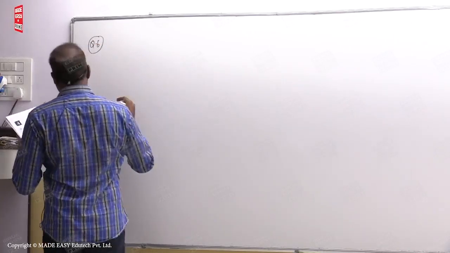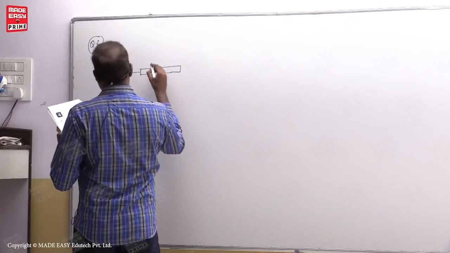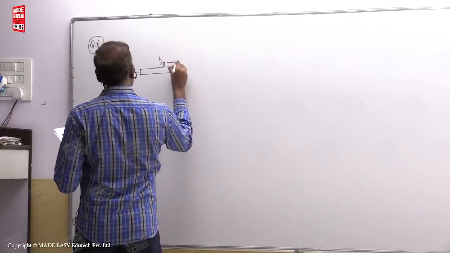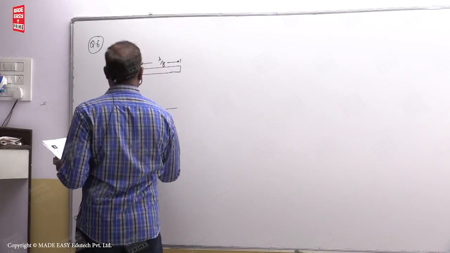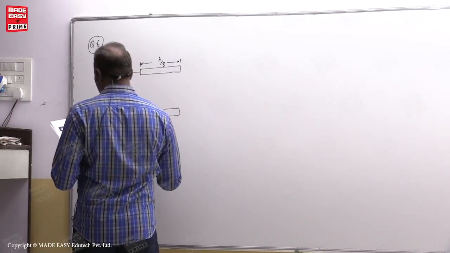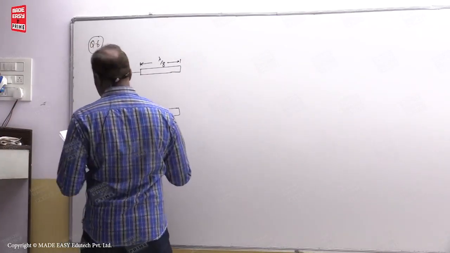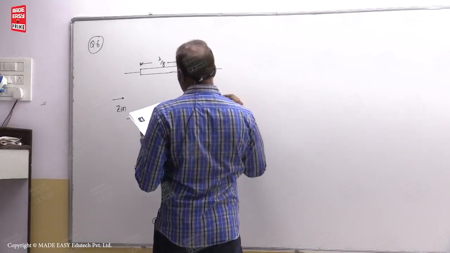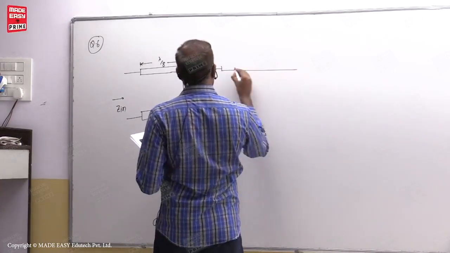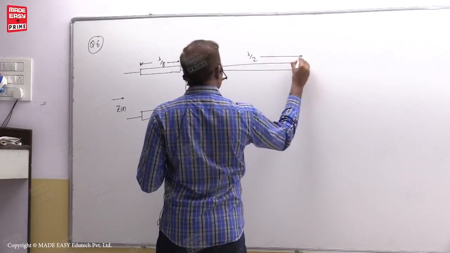Question number 6. There is a lambda by 8 length here. Okay. Now you need Zin of this. And here lambda by 2 is there.